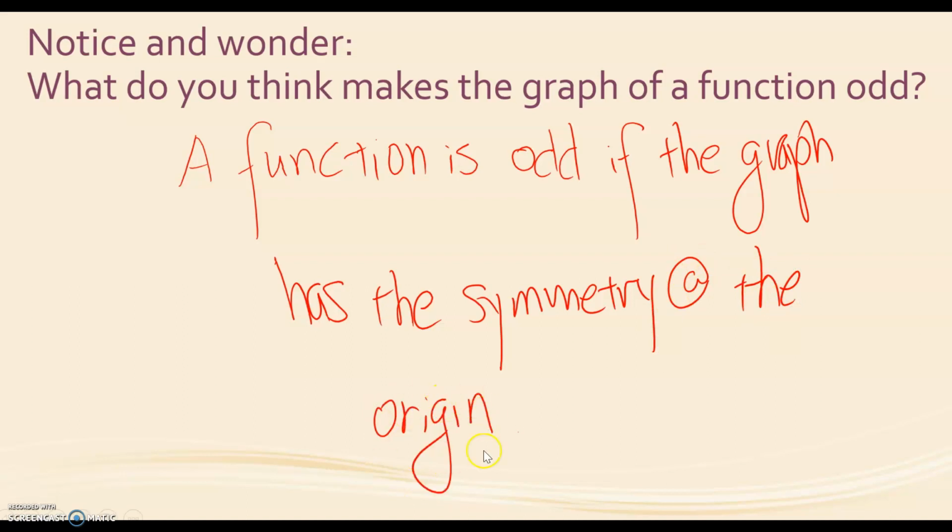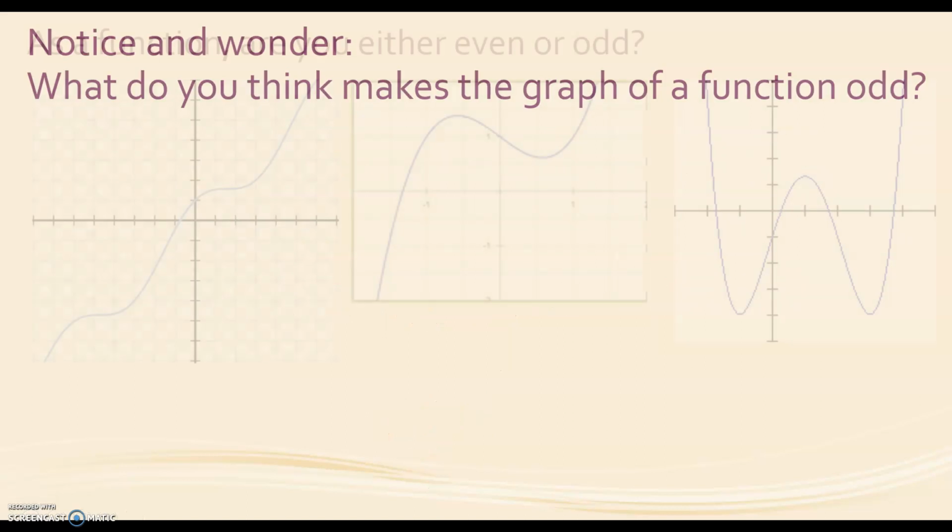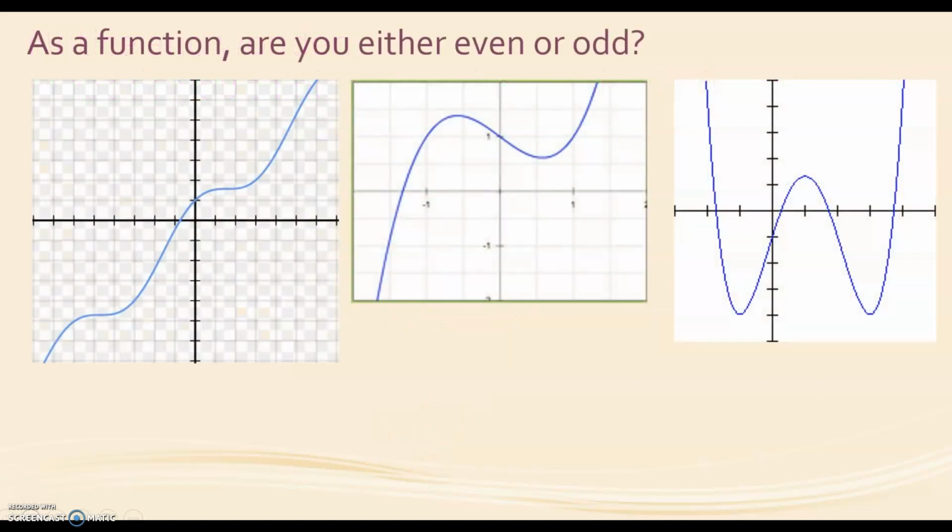Okay. So if you're symmetrical about the y-axis, you're even, and if you're symmetrical about the origin, we call you an odd function. And again, that is not to be confused with odd degree and even degree functions, which refer to the polynomial's actual degree.